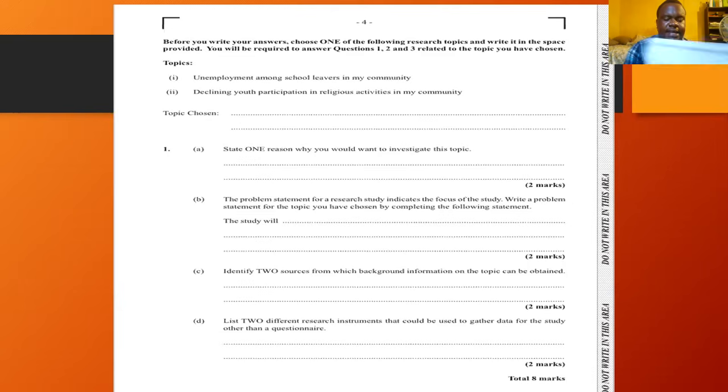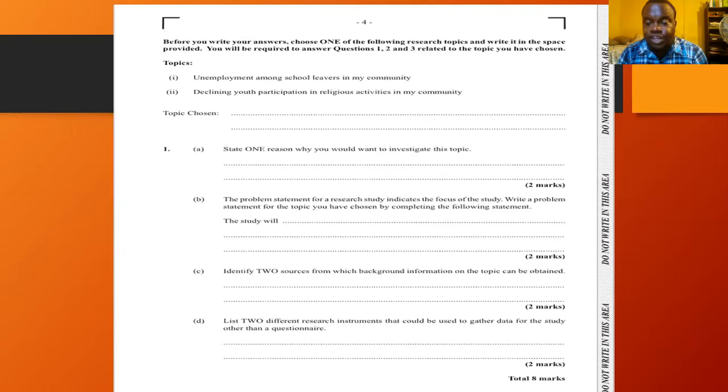Now, D says, list two different research instruments that could be used to gather data for the study other than a questionnaire. All right, think about it and tell me, other than a questionnaire, what else could you use? Think about it and tell me.